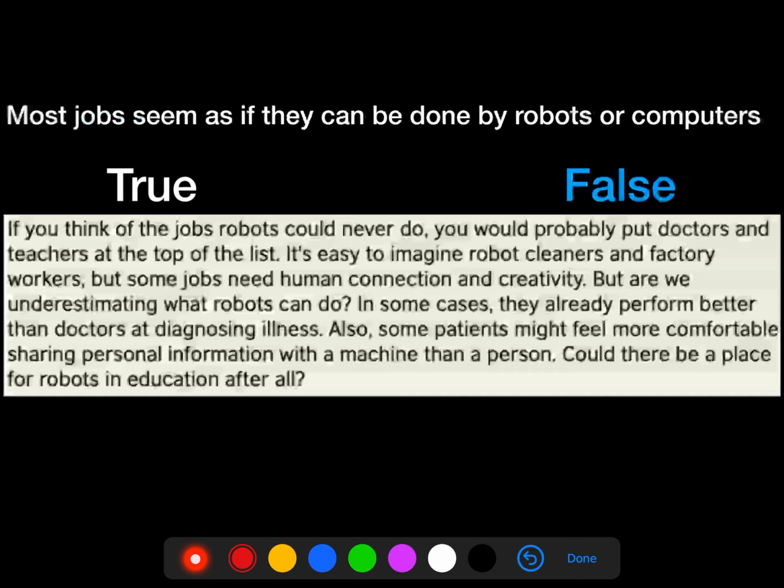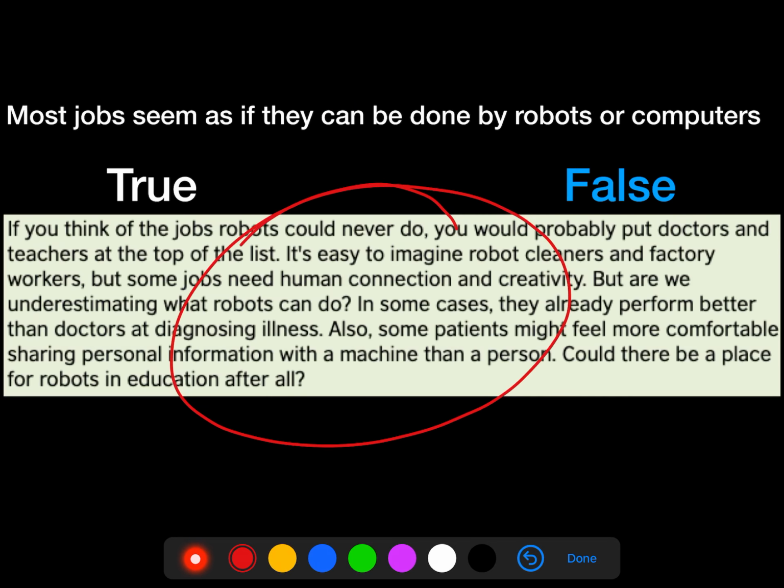As we read in paragraph number one: if you think of the jobs robots could never do, you would probably put doctors and teachers at the top of the list. It's easy to imagine robot cleaners and factory workers, but some jobs need human connection and creativity.